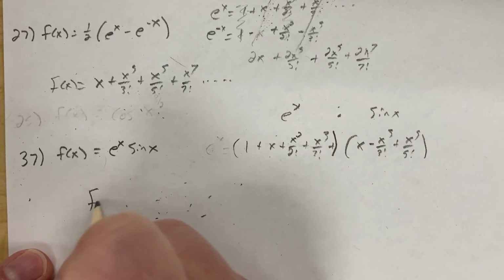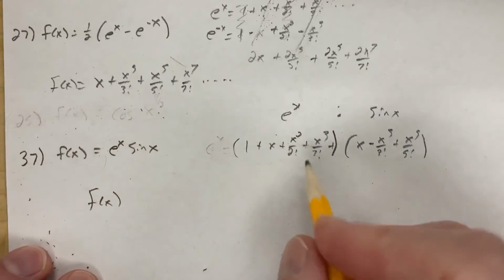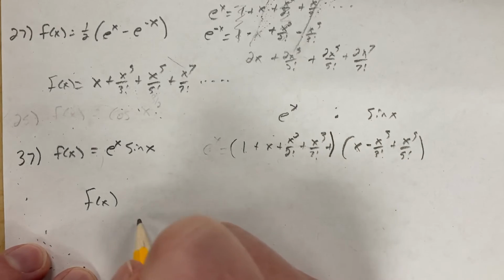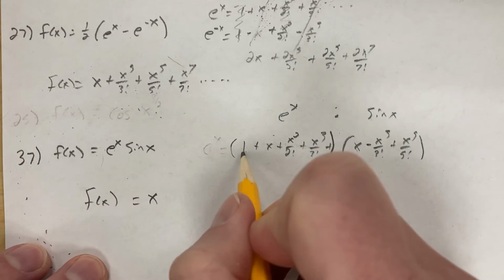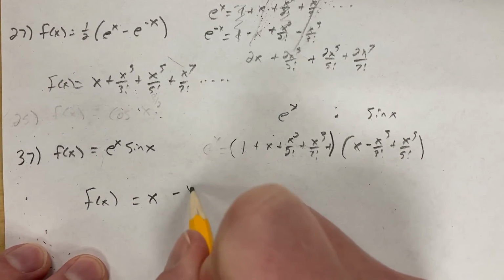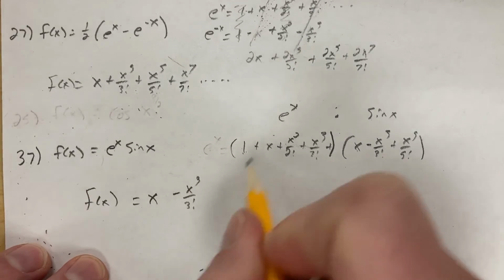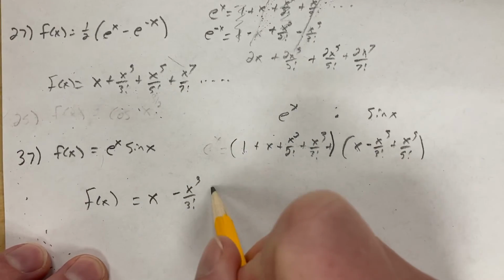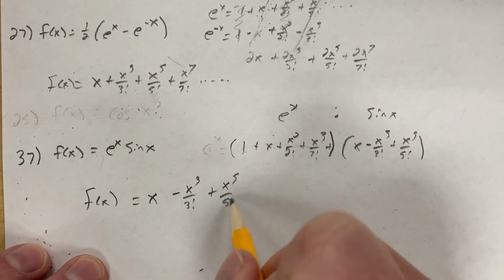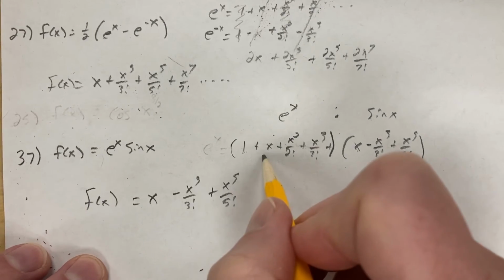So our f of x function will be 1 times x. 1 times this would be negative x to the 3rd over 3 factorial. 1 times that, which would be x to the 5th over 5 factorial. Okay. Then let's move to the x.